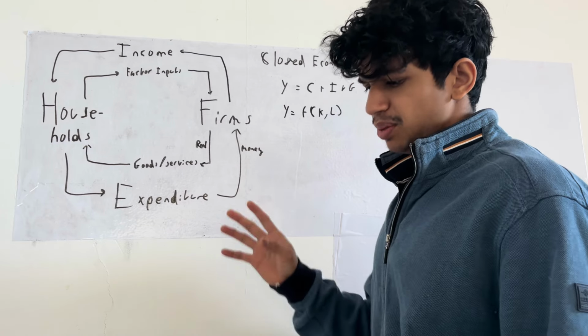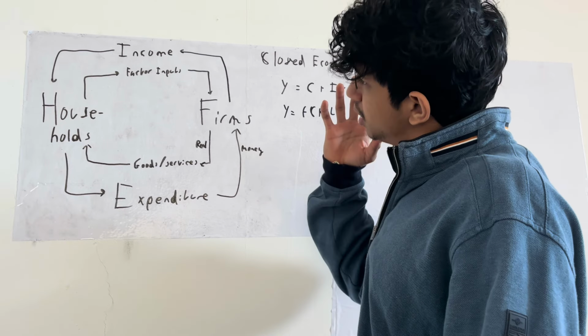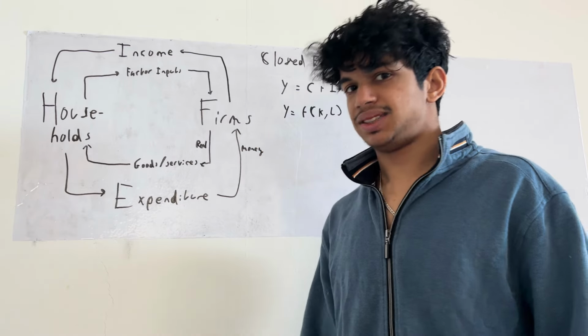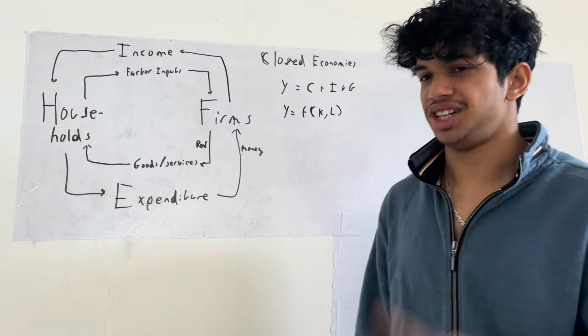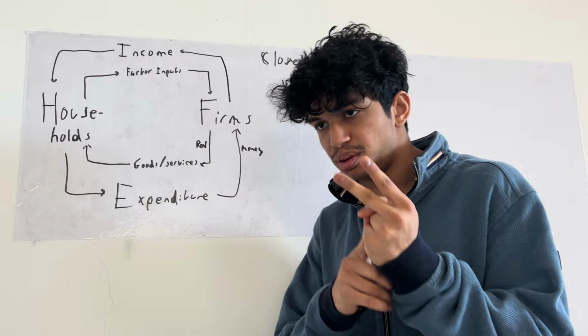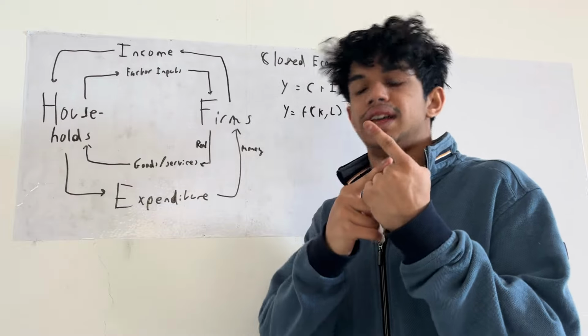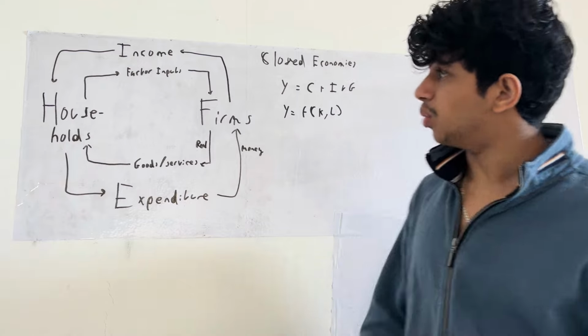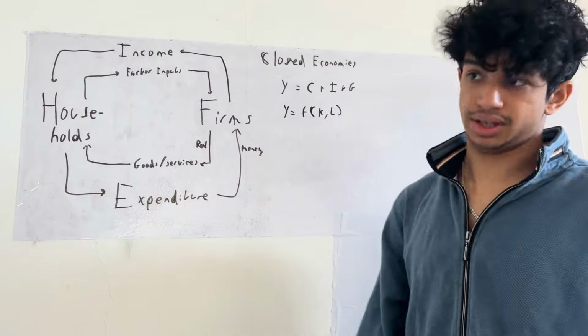Now, you might be wondering, okay, but what does this mean? Recall from the last video the 3 ways of calculating GDP: final value of goods and services, total income or total expenditure within the economy. What is this showing?